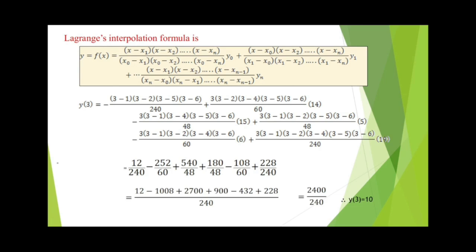Each term is calculated separately. Let's look at the first term. Here I substitute x equal to 3 into the numerator, calculate all the differences, divide by the denominator and then multiply by the corresponding y value. Similarly, I repeat the same procedure for the remaining 5 terms. That is why you can see 6 separate expressions in this equation.